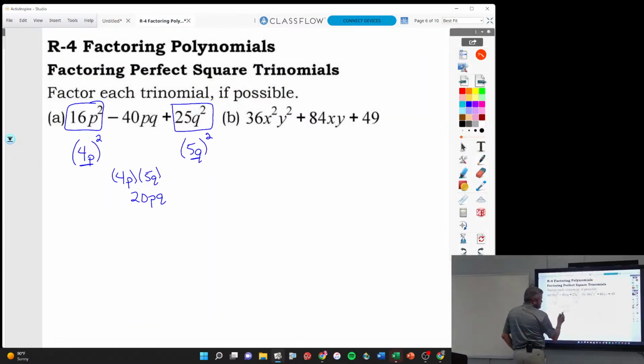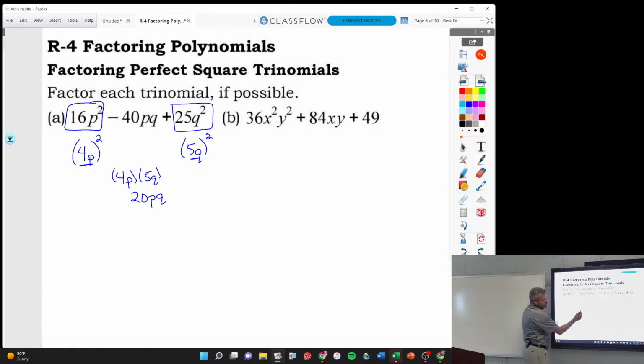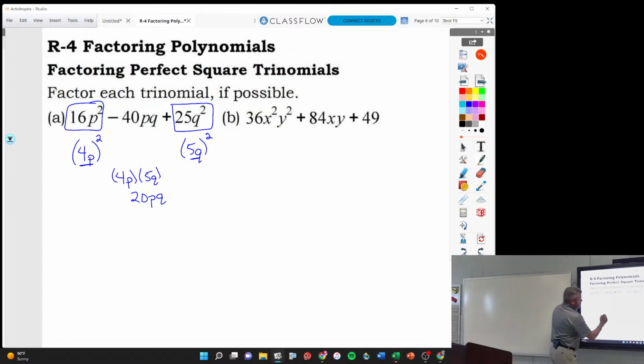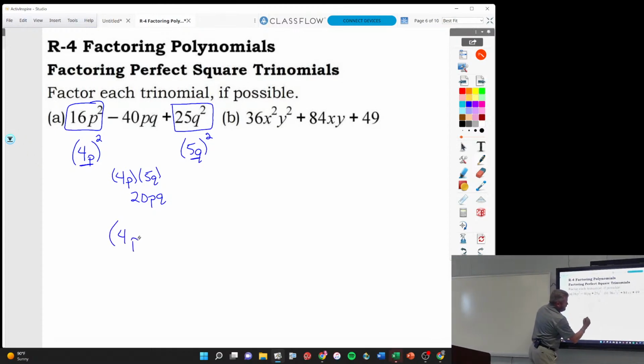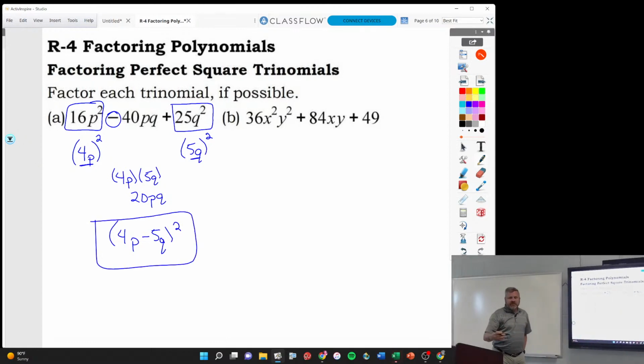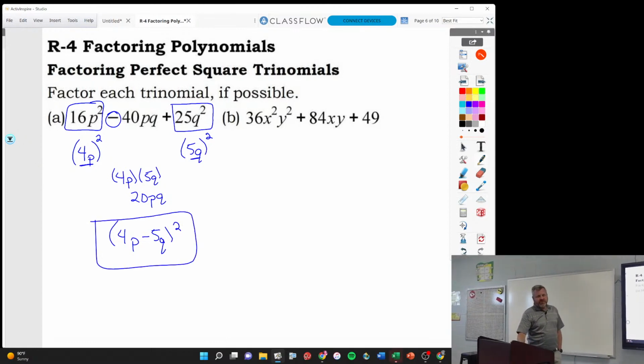If you'll notice, you could multiply 20pq by 2 and you get negative 40pq. So this would factor into 4p minus, because it's subtraction in the middle here, 5q squared. And again, if you notice the pattern, you'll be able to do this.